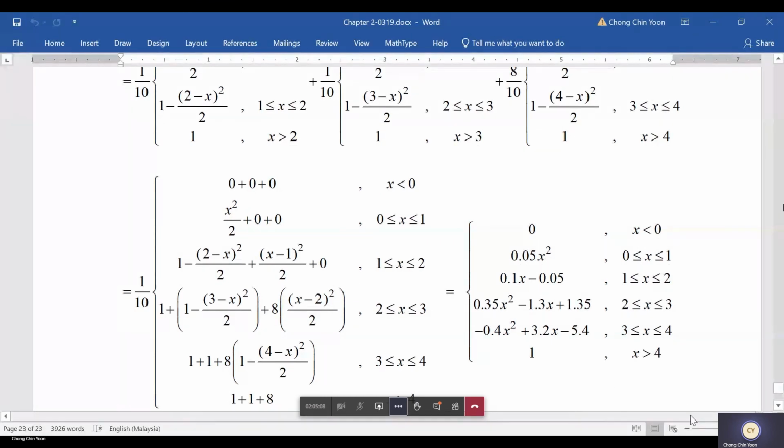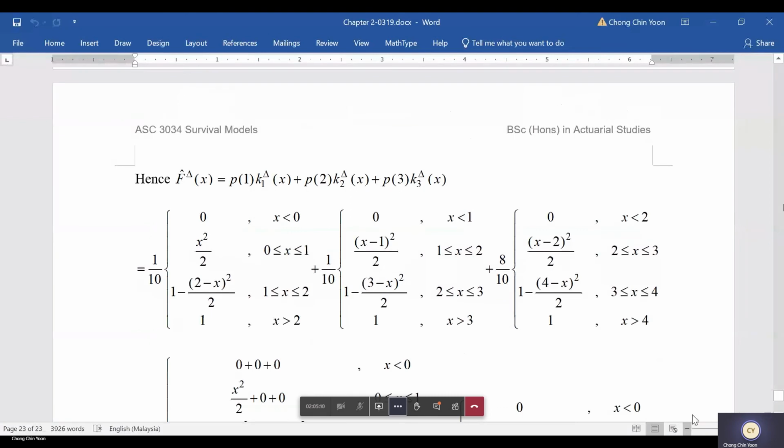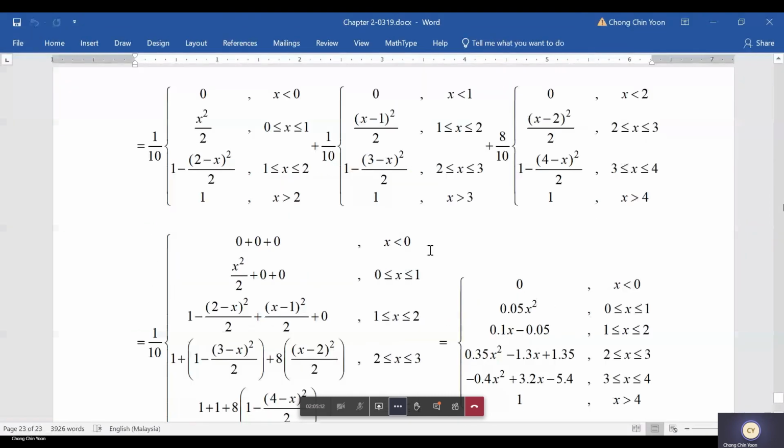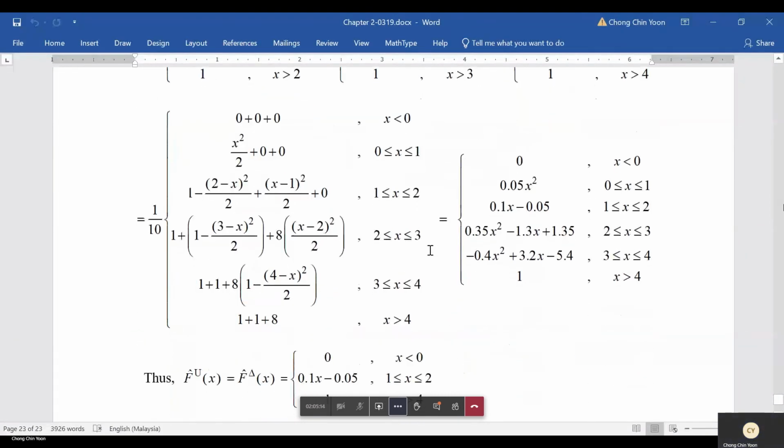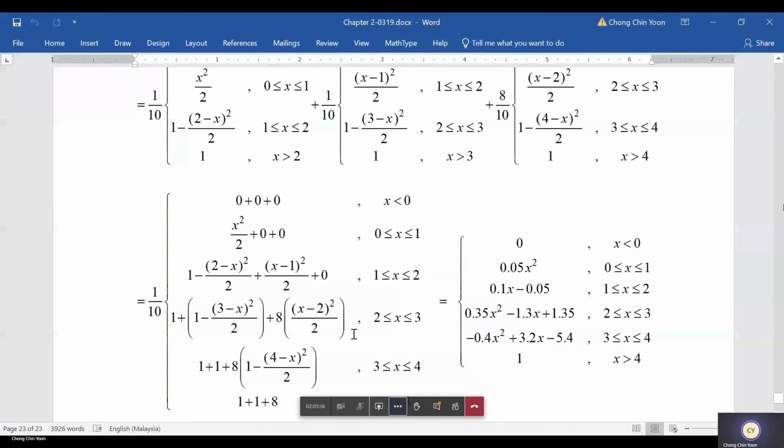Here you have to make it smaller first, from 2 to 3.